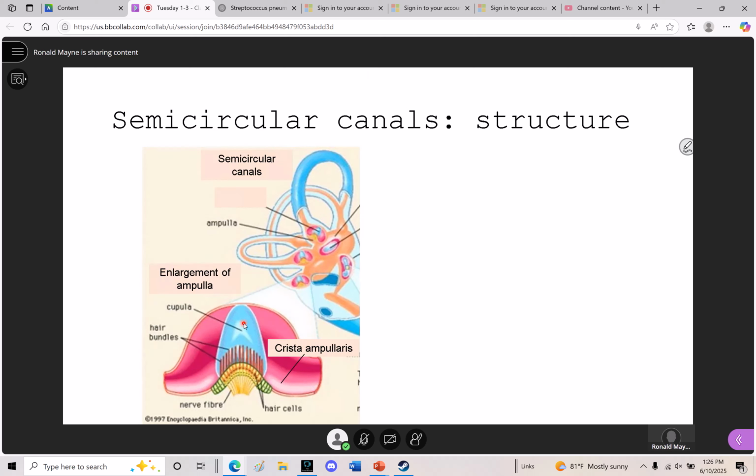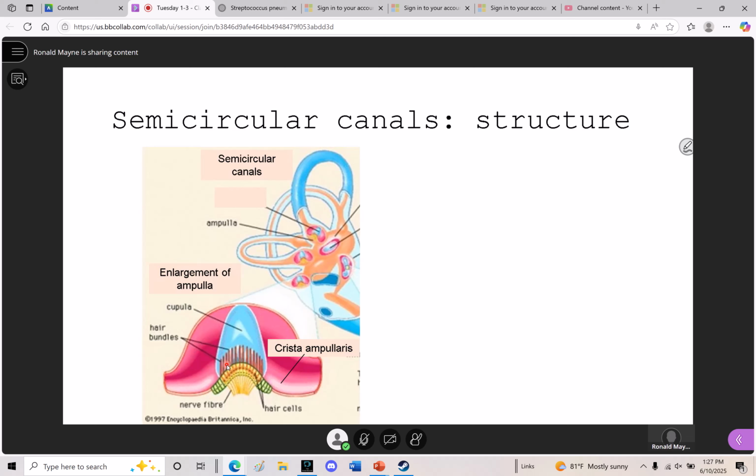The crystals in the fluid form a gel. So when this fluid moves around, sloshing back and forth, it will push this gelatinous cupula.